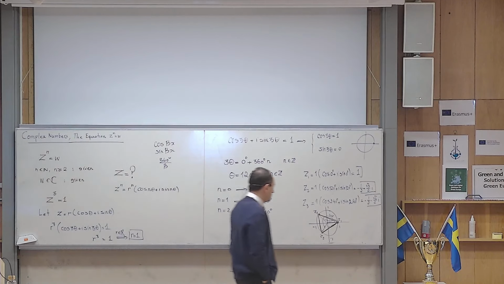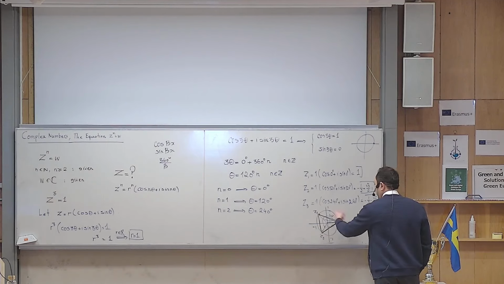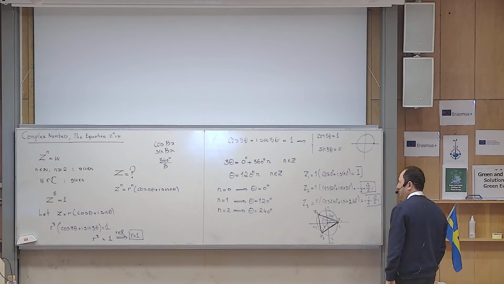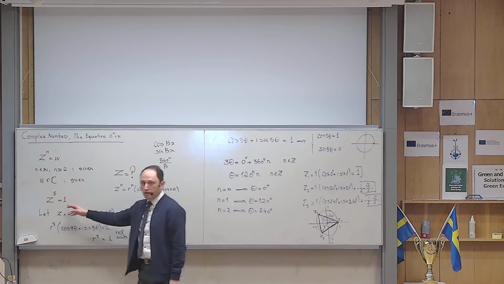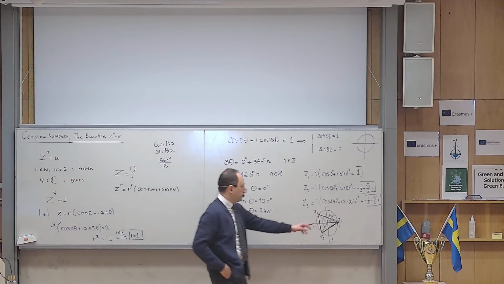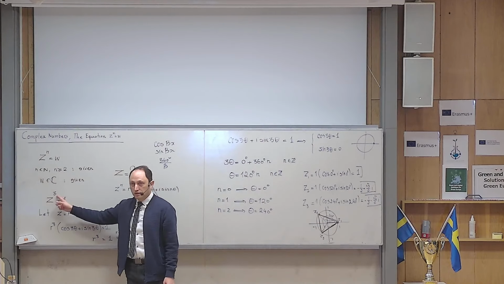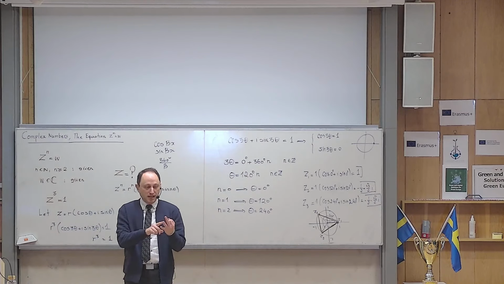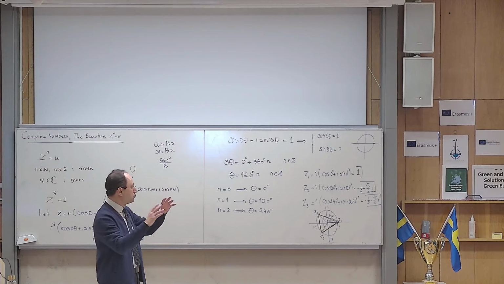Is that clear? So from this perspective, if you understand this, you could solve the problem a little bit faster, because guessing z equals 1 is not hard. So you find one of them, and because this is 3, it is guaranteed that there are exactly 3 roots. So you say that 360 degrees is the full circle.